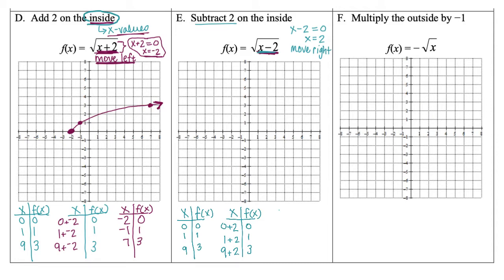And so our final T-chart for this, notice we're going to have 2, 0, we're going to have 3, 1, and 11, 3.